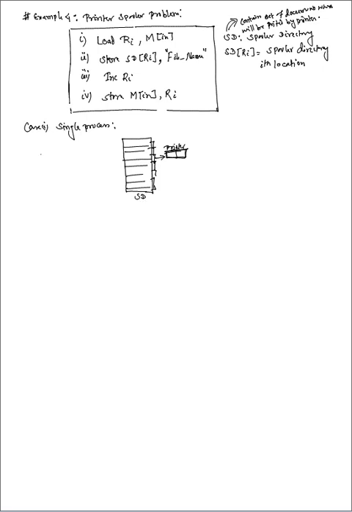Now consider process P1 wants to print file f.doc. So initially we have the in variable, and its value is 0.